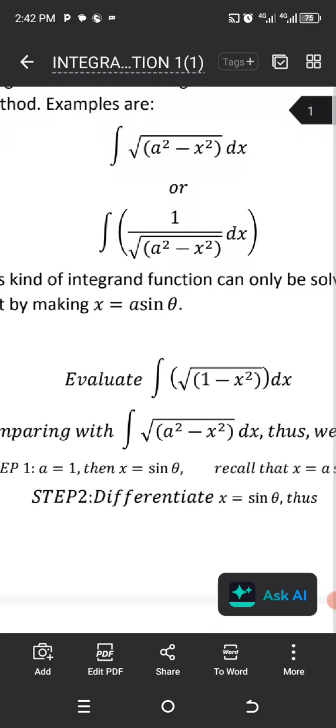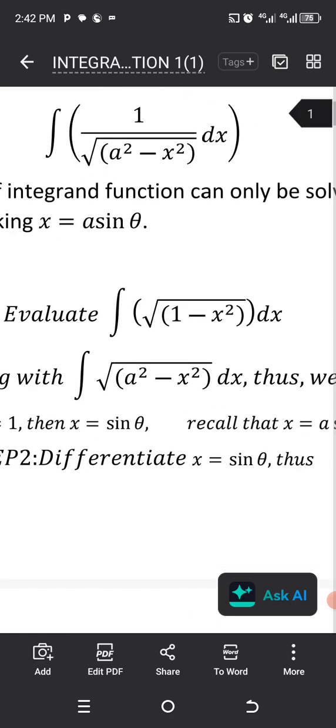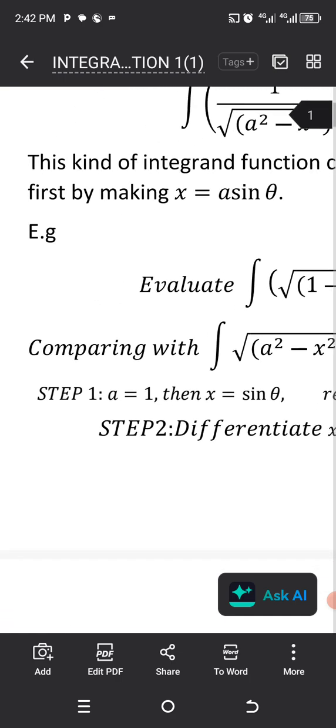This example states: evaluate the integral of the square root of 1 minus x squared.